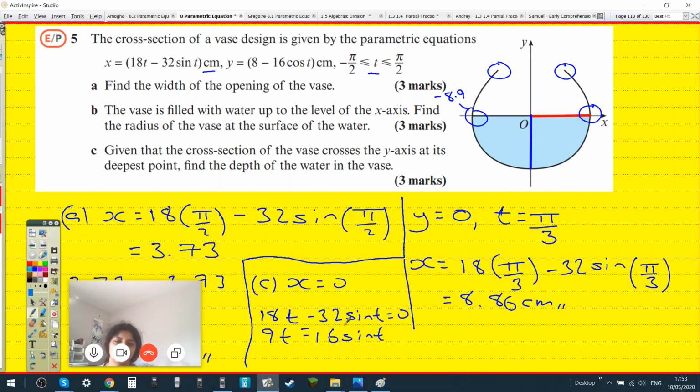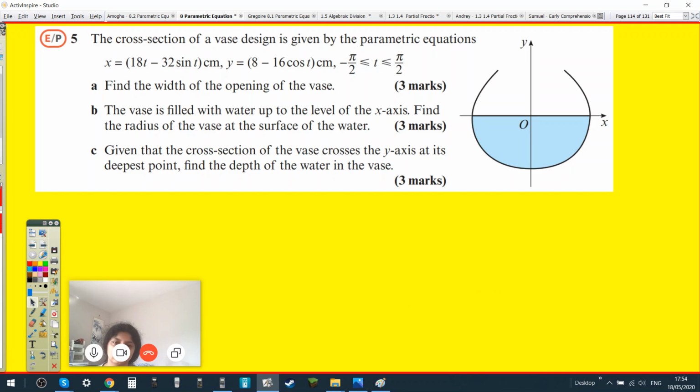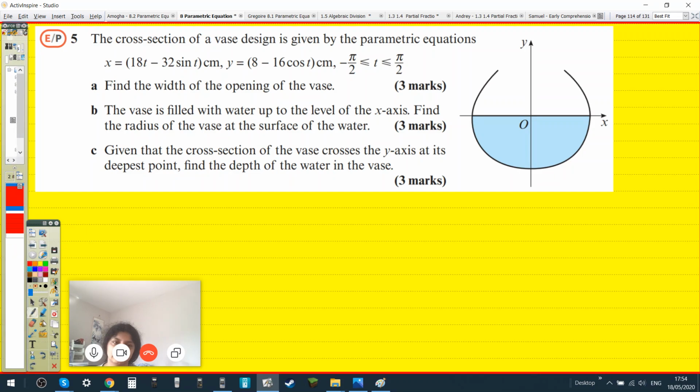Would you divide by 16 and then do arc sine? Would that work? But you've got a t on both sides. Usually you'd factorize. Let me try some magic. Why didn't the calculator work? I bet the graphical calculator would work.